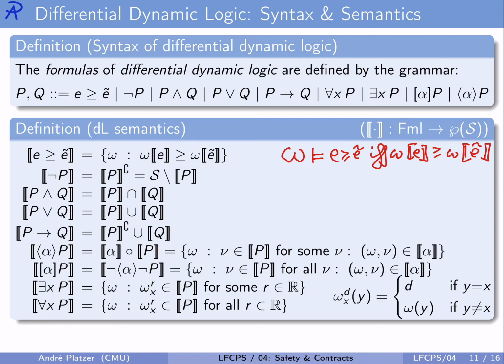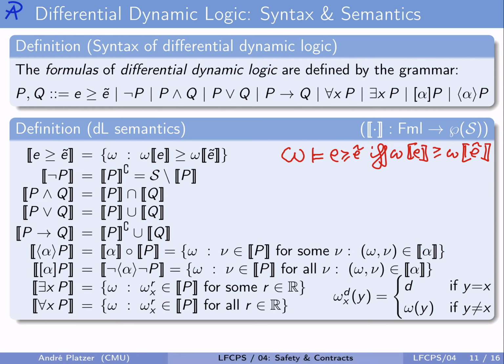Indeed, in this new style, the meaning of exists x P is that it's true in the set of all states omega, such that for some real number r, if I change the value of the variable x to r in this state, we are in a state in which the postcondition P is true.